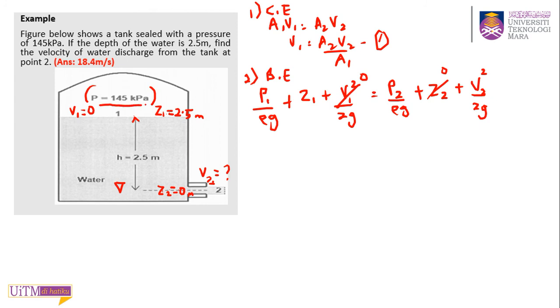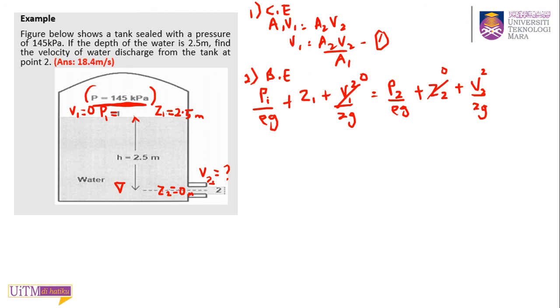Can you understand? That's why your P1 here is not 0. It has some value, and this value has been given to you: 145 kilopascal. So P1 you cannot cancel.